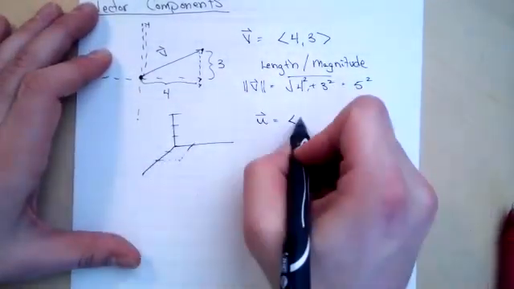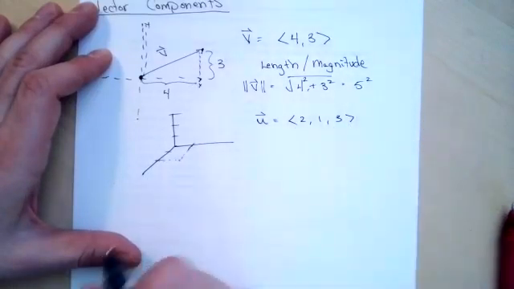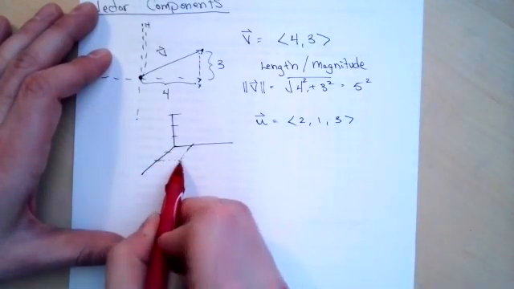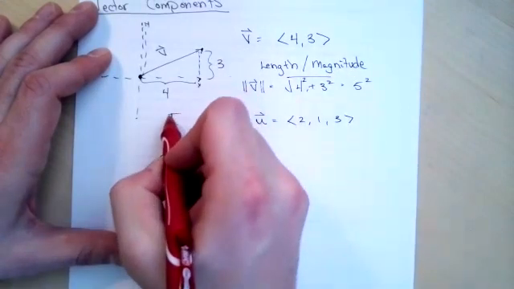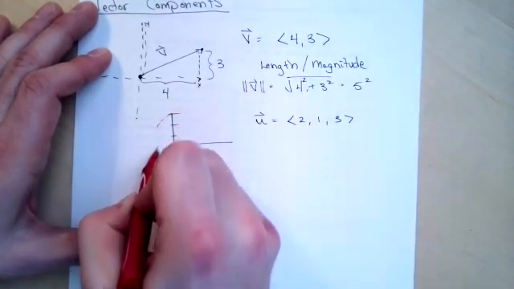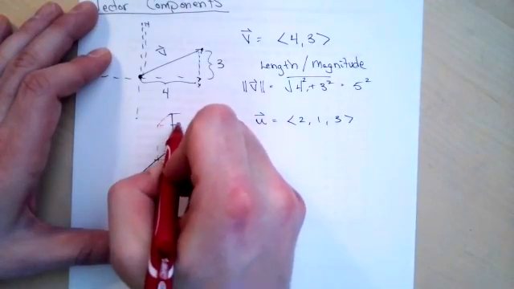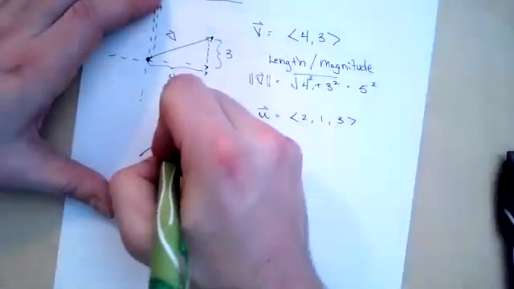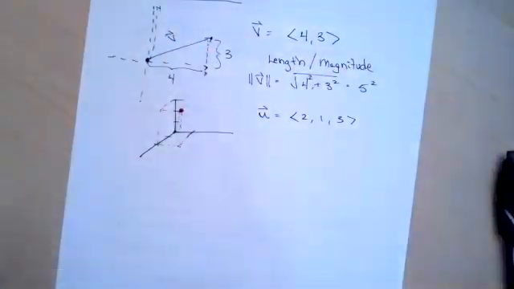In components, let's say it's ⟨2, 1, 3⟩, with 3 up on the z-axis. So we go 2 on the x, 1 on the y, and again, just like drawing our points, you have to draw your boxes, because the place the tip ends up is going to look a little weird. So here, I'll draw it in green. Starting at the origin out to that red dot is going to be our vector u.